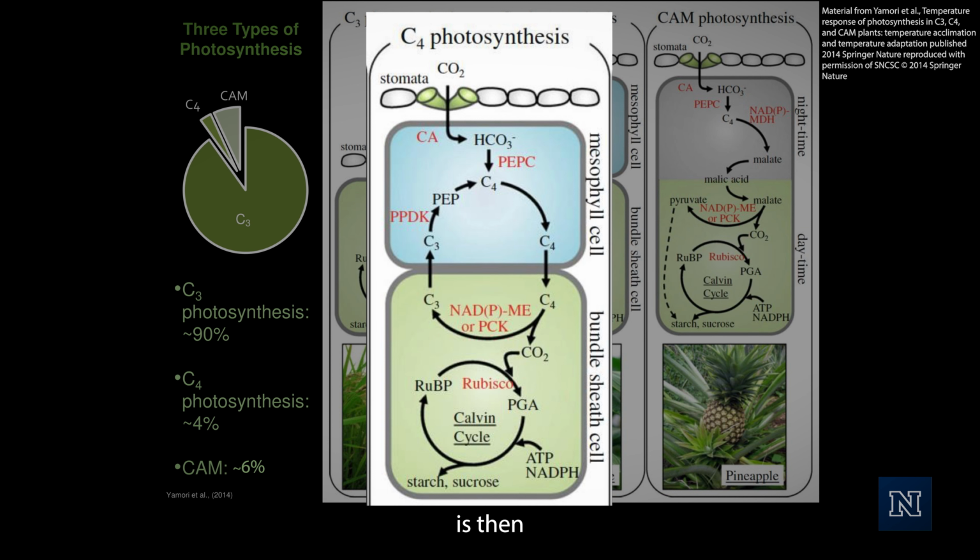That C4 acid is then transported into a bundle sheath cell, and the CO2 is concentrated to reduce the process of photorespiration in the bundle sheath cell. And this acts as a turbocharger for photosynthesis, so it improves the efficiency of photosynthesis.